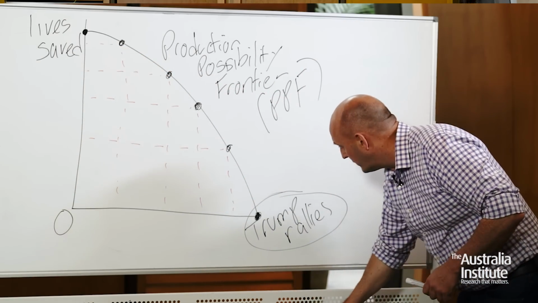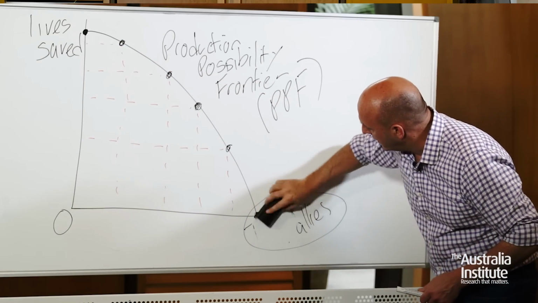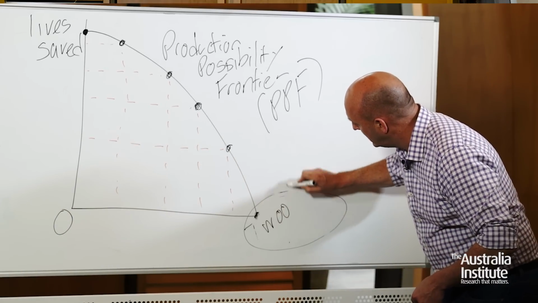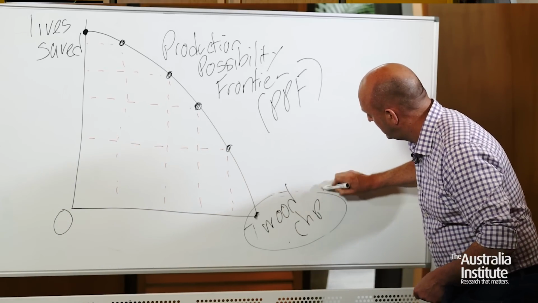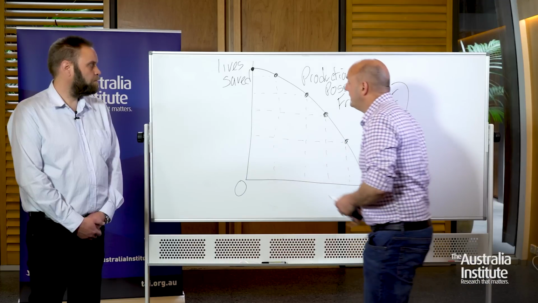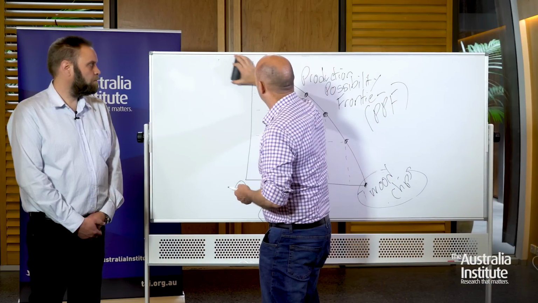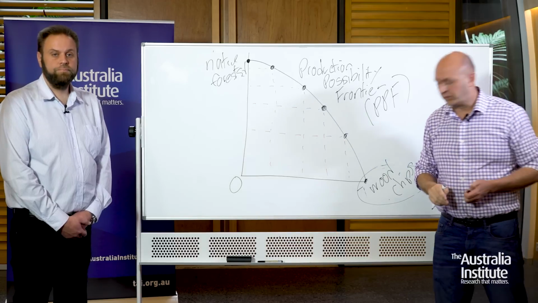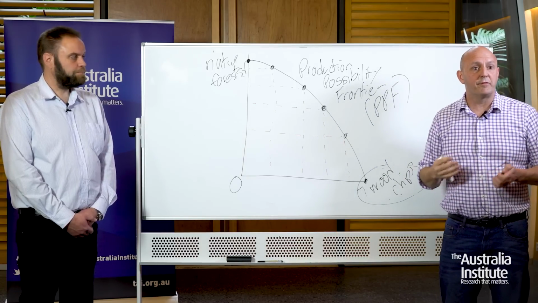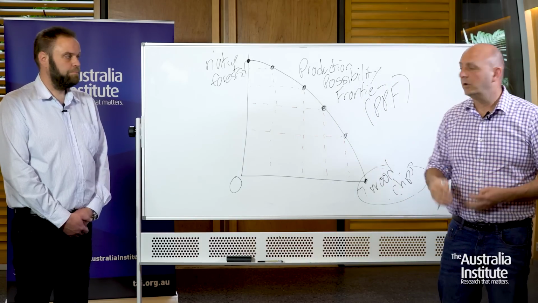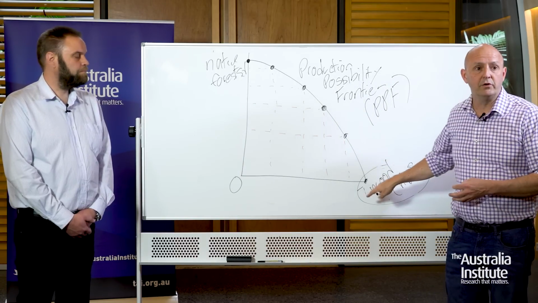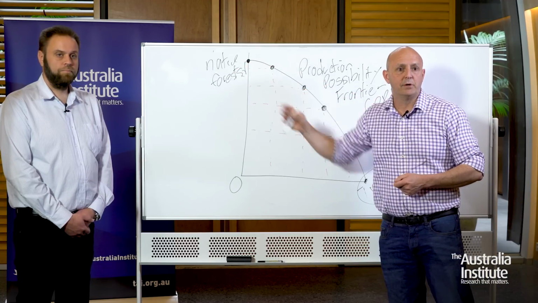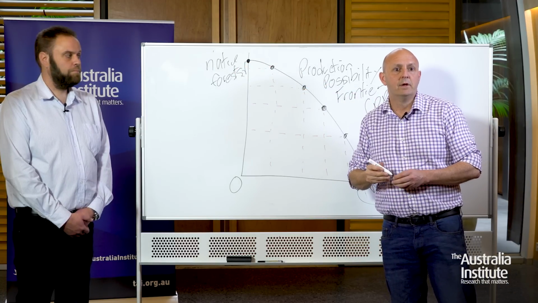We can turn this into anything we want. We can have wood chips and native forests. The one thing that economists are telling you is the old truism that there's no such thing as a free lunch. When we use resources to produce one thing, we give up the opportunity to produce something else.